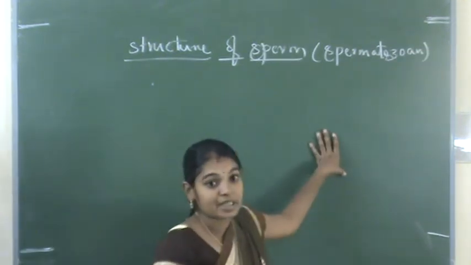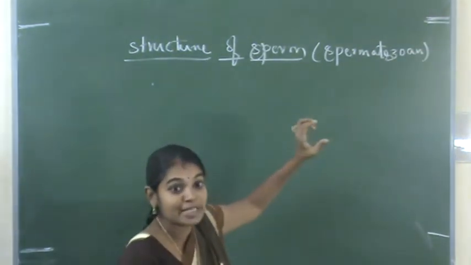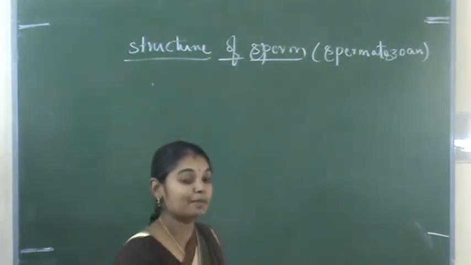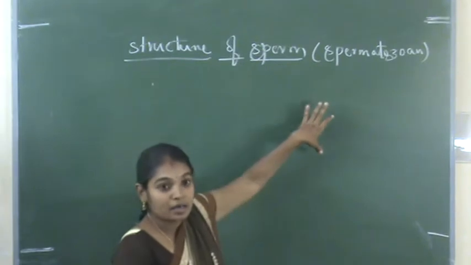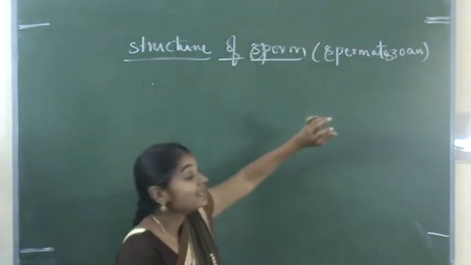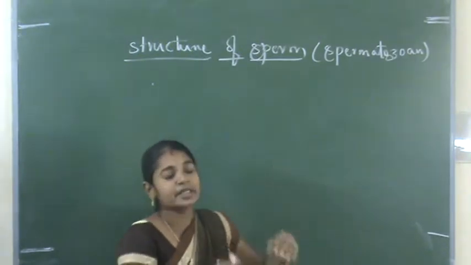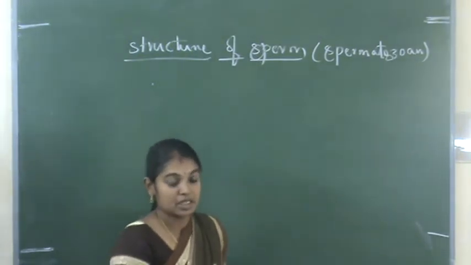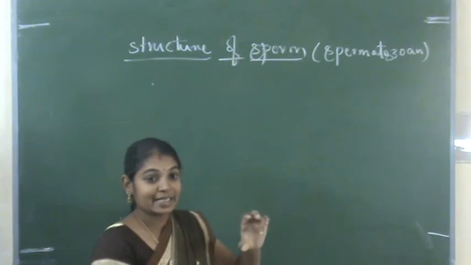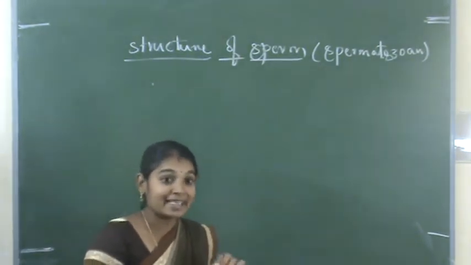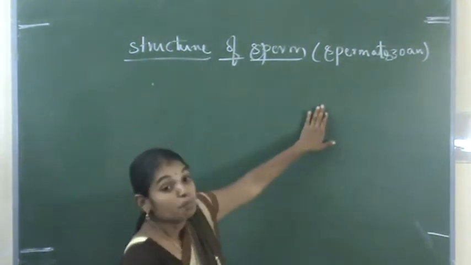When we see the structure of a matured spermatozoon, why am I calling it a matured spermatozoon? Initially the sperms do not contain the tail and other structures. When it attains maturity, the complete sperm attains motility.